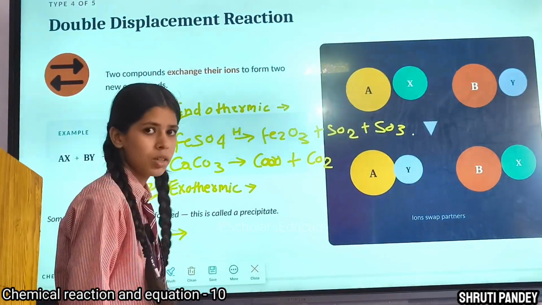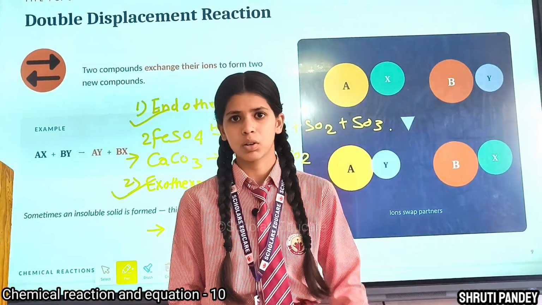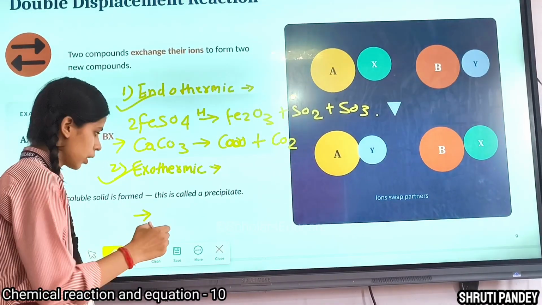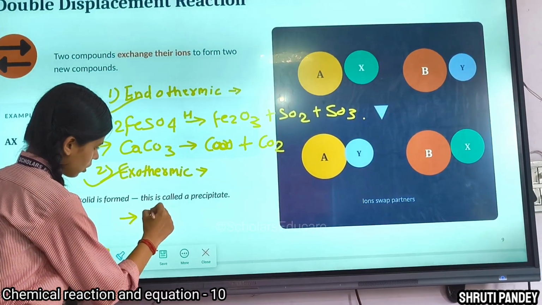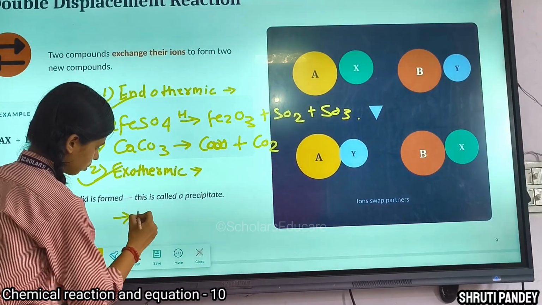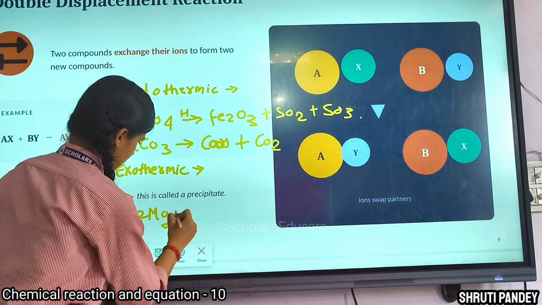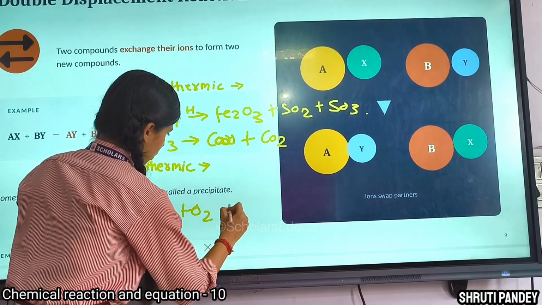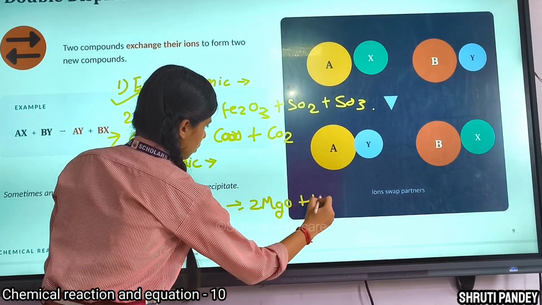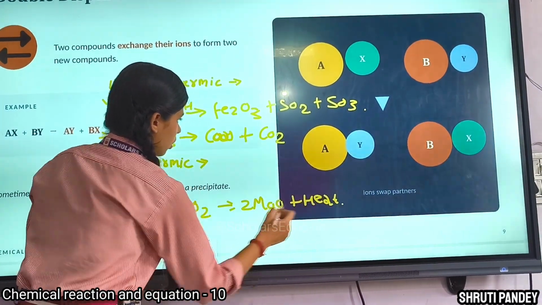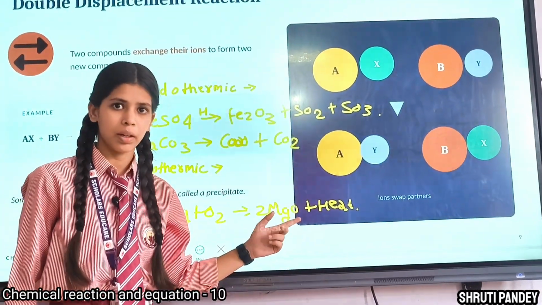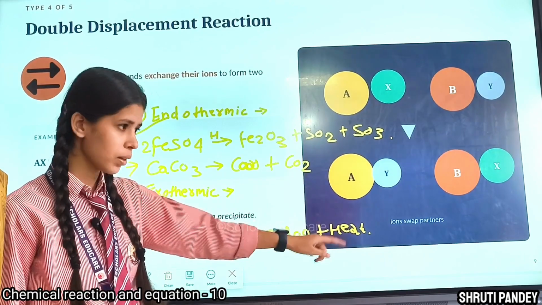The reaction in which heat is being released is called exothermic reaction, and the example of this reaction is burning of magnesium. In this reaction, magnesium and oxygen combine to form magnesium oxide, and heat is being released.